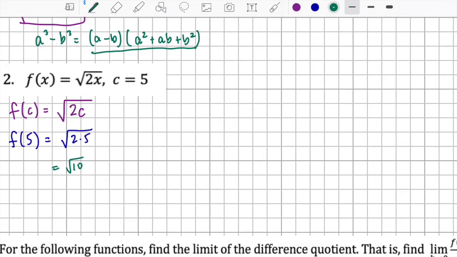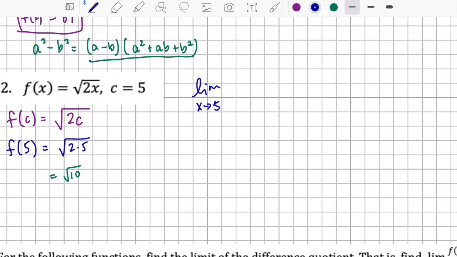Okay, so now let's set it up. So we have limit as x approaches c, but this time c is 5. And according to the average rate of change, it's f of x. So f of x is square root of 2x minus f of c, where c is 5. So I already did the work on the side, so that just gives me square root of 10, divided by x minus c. x minus c, but c is 5.